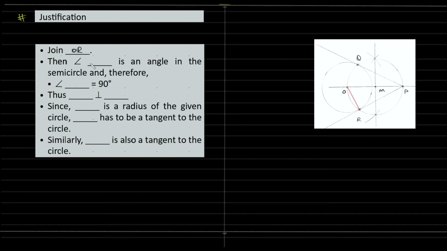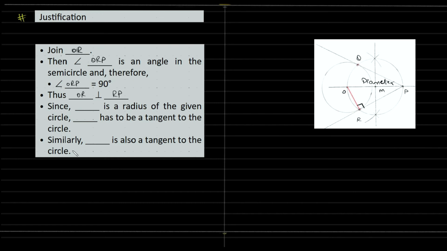Angle ORP is an angle in the semicircle, and therefore angle ORP is equal to 90 degrees. OP is a diameter. So any angle subtended by the diameter on the circumference will be 90 degrees. This is another fact that is derived from your circle topic. Thus, OR is perpendicular to RP.